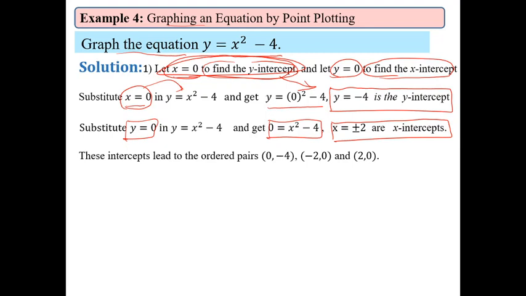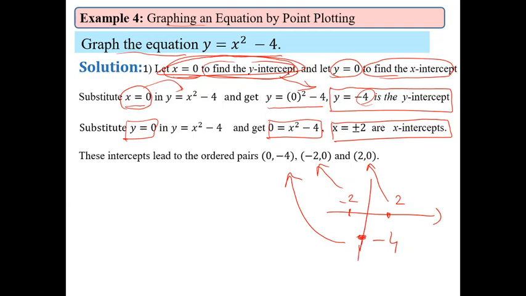You can list them as ordered pairs here. The y-intercept is minus 4, it's this point. And 2 and minus 2 are here, and they correspond to these points. If it is on the y-axis, x is 0. If it is on the x-axis, y is always 0.